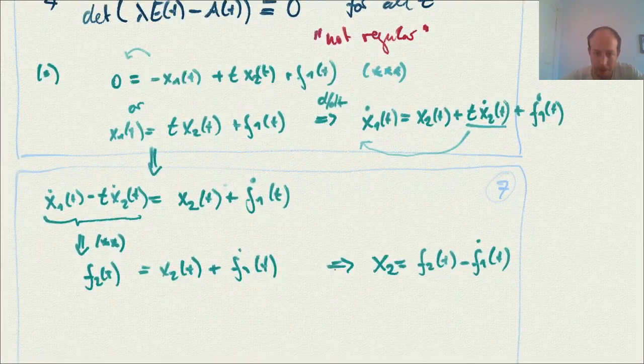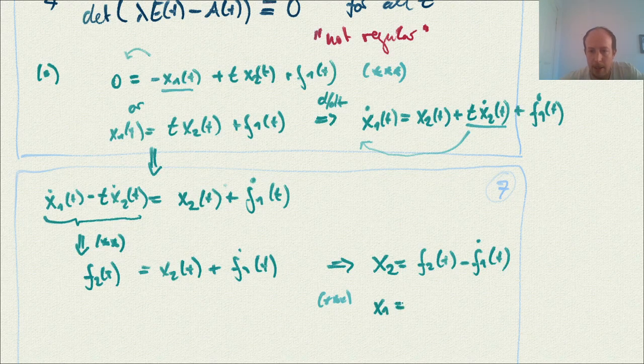The third relation from here, since this here is already x1 explicit, we put this in here, and then we get x1 is t times x2. x2 we have here, so t times f2 minus f1 dot, plus f1.